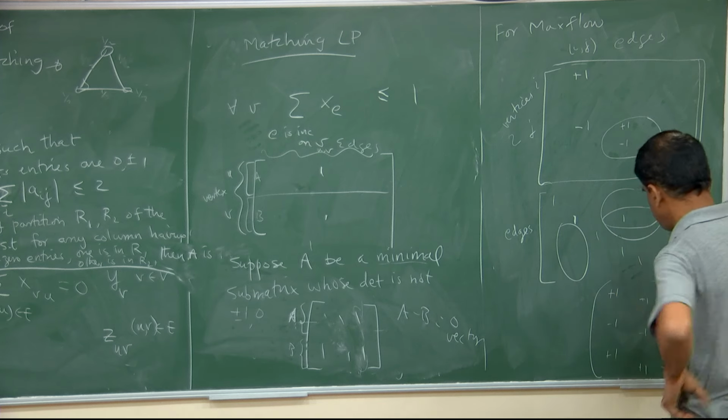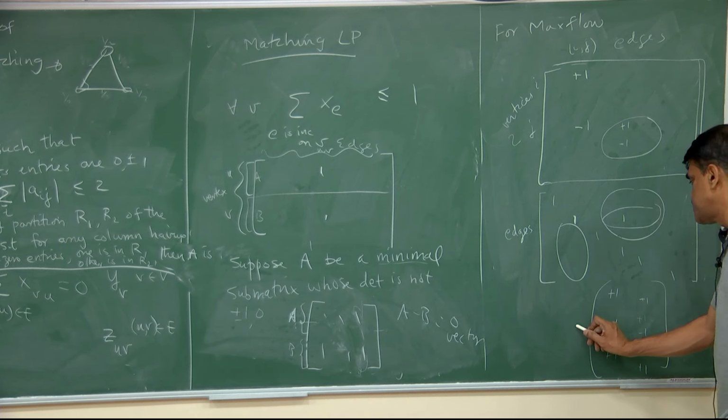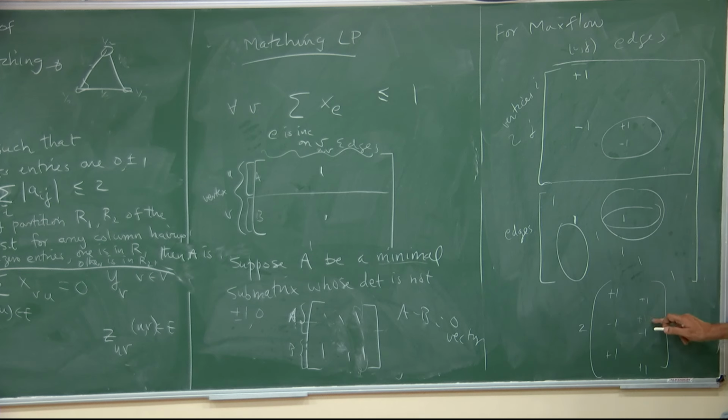Some such thing. And this may also have a +1. So if I multiply this by 2, like I said, it's possible that this gets multiplied by 2.